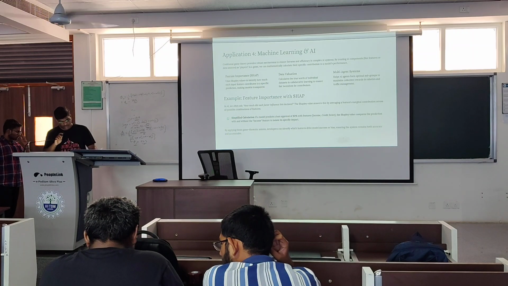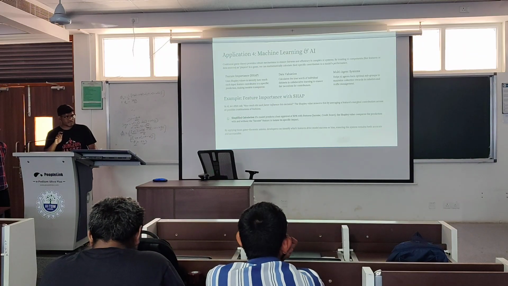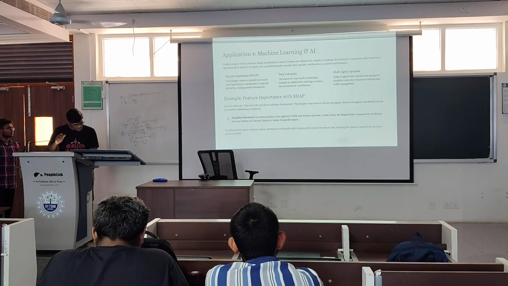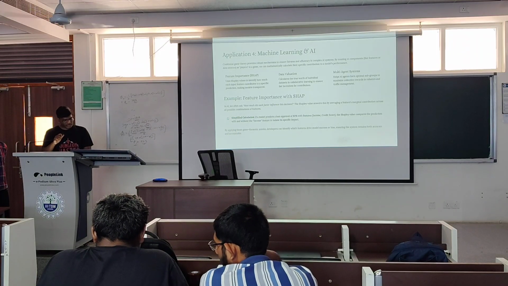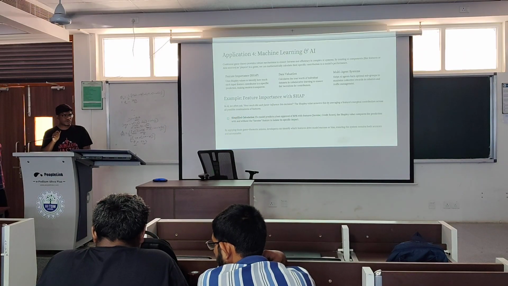Feature importance uses Shapley values to identify how much each feature contributes to a specific prediction. Here SHAP means Shapley Additive Explanations. That means it shows how each component is performing.